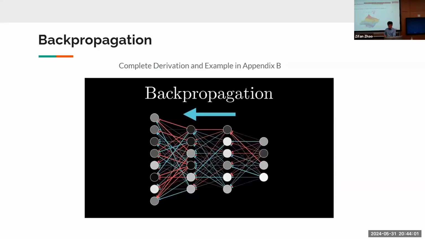I also want to introduce backpropagation, because backpropagation is what is mainly used in modern deep learning, because in modern deep learning, a neural network has many different layers. So if you do gradient descent on the last layer, you will lose the traces of the updates of the final loss function from the previous layers.